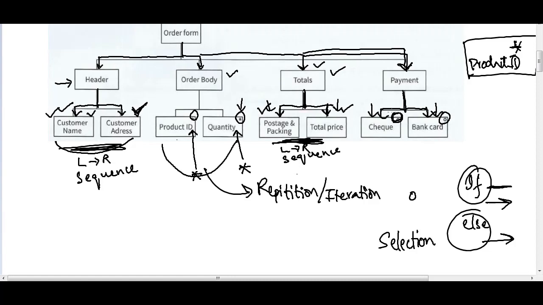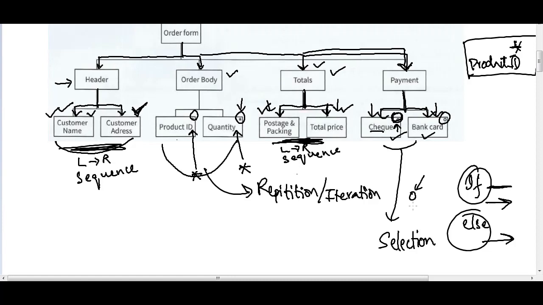So as far as payment is concerned, one of these options is going to get selected, and that is indicated using a circle, along with the name of the data item. So it's check, and a circle here indicating that this is an example of selection. So this is where selection is taking place.